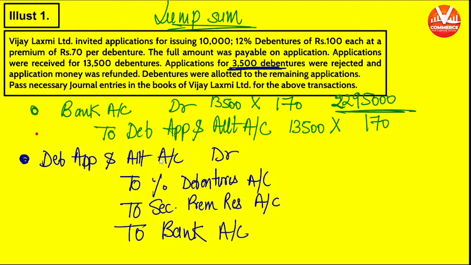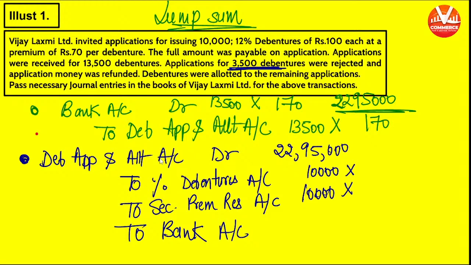So debenture application and allotment debit 22,95,000 rupees. Now we issued only 10,000 shares. So in percentage debentures and in securities premium reserve, we will only write 10,000 shares and multiply with the respective value. तो यहाँ पर आप 10,000 लिखोगे. Don't make the mistake of writing 13,500 because we had only issued 10,000 shares.